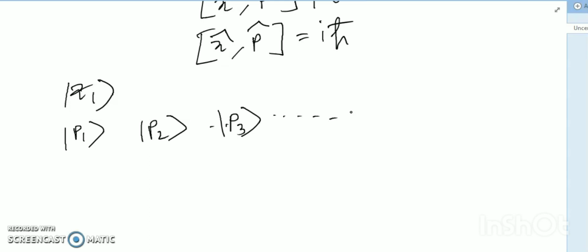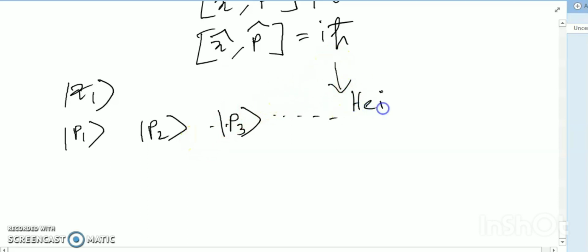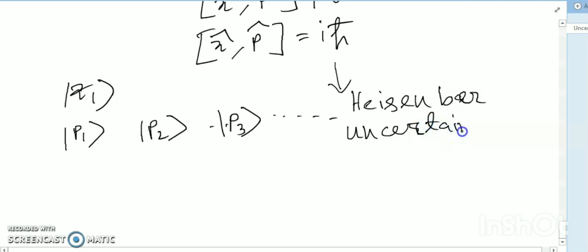This commutator is the root of the Heisenberg uncertainty principle. Okay, this is the Heisenberg uncertainty principle.